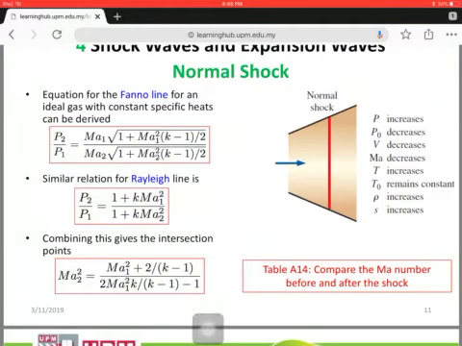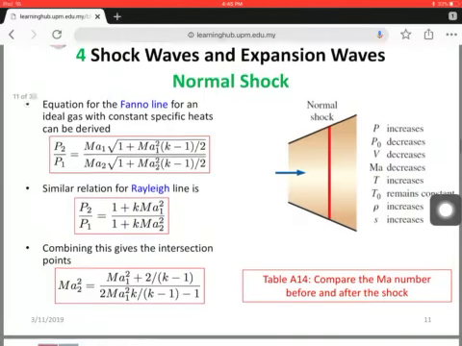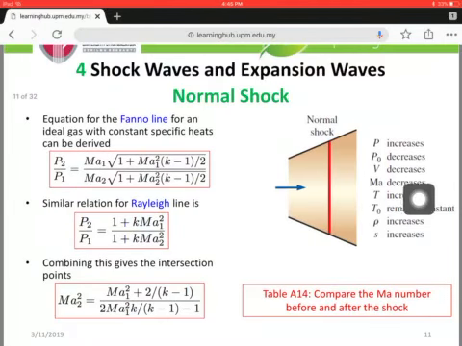Remember the converging and also the diverging nozzle to create the supersonic speed. When we make the nozzle bigger and bigger, the nozzle diverges and the cross-sectional area becomes big.